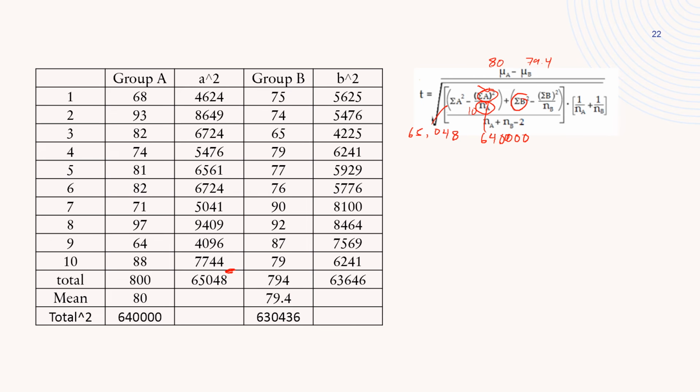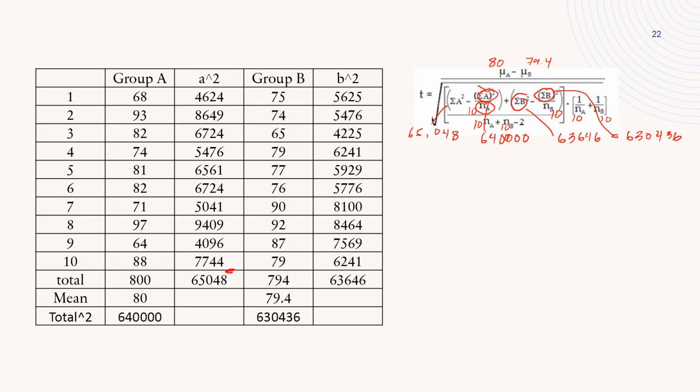You have the sum of squares of B, which is 63,646. You also have the total of B squared, which is 630,436. Again, you have 10 for each of the n's. This n refers to the sample size of set A and set B, depending on the subscript.